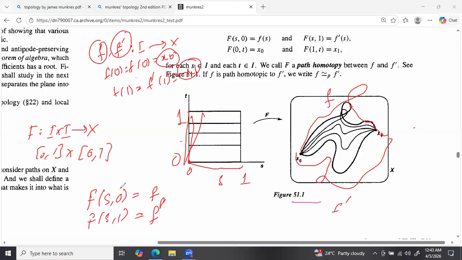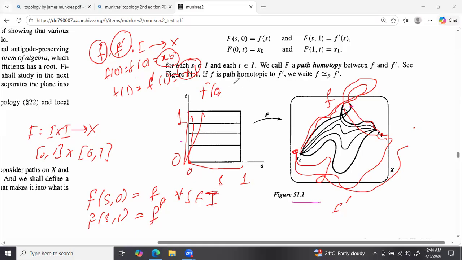And if we change for all s belongs to I, means if we change s, this makes a path f, and if we change s from 0 to 1, we get another path. So if we fix s, let's fix s.